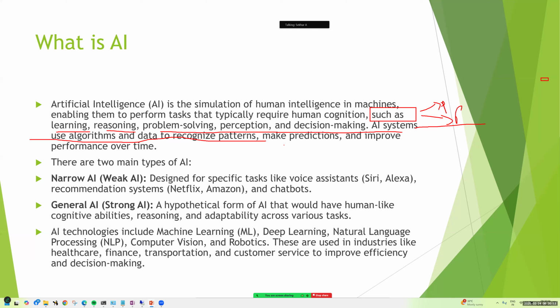Clear? So this is about artificial intelligence. Very simple: AI is a simulation of human intelligence. It learns from data and provides capabilities like learning, reasoning, problem resolving, prediction, and decision making.